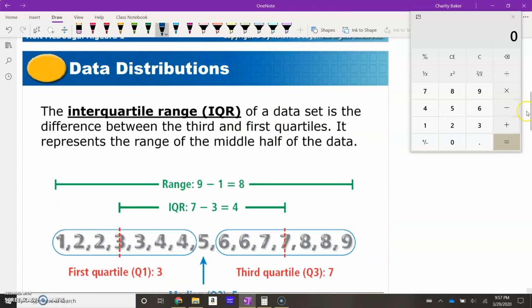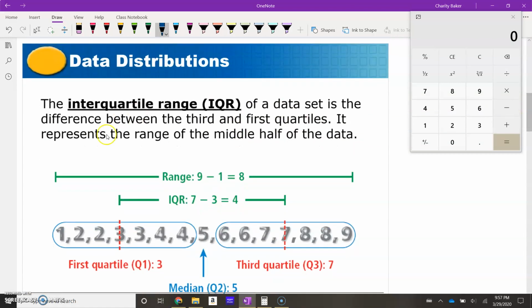The second thing you need to know how to find is called the interquartile range, also called IQR. So the interquartile range, IQR, of a data set is the difference, so we're going to be subtracting again, between the third and first quartiles.